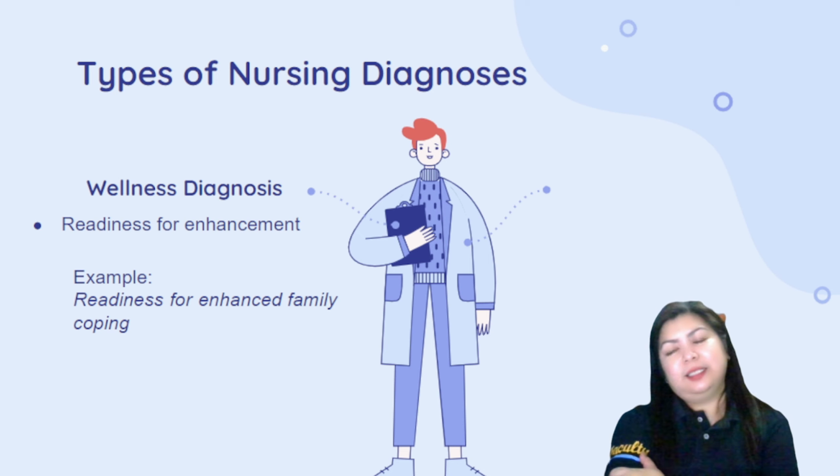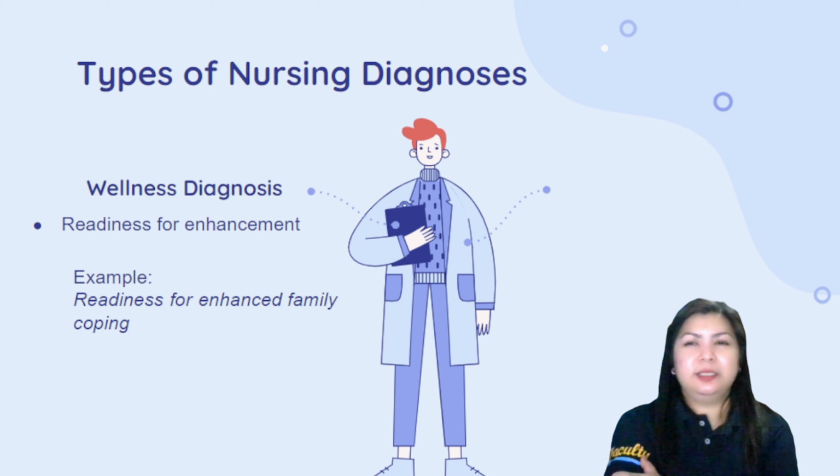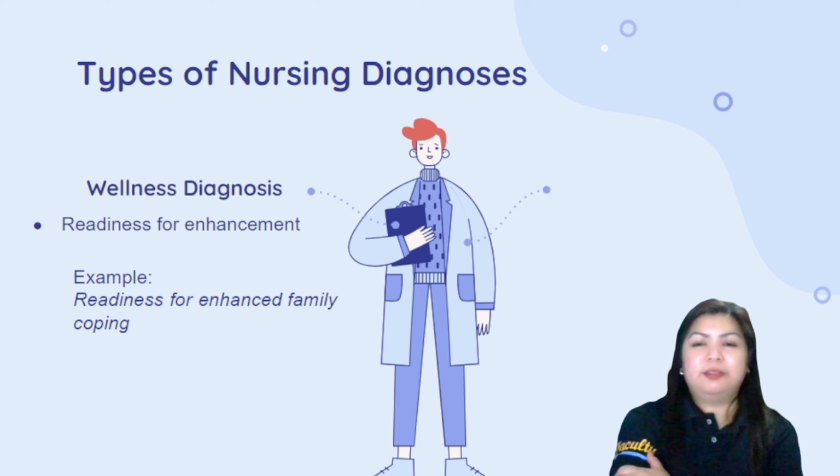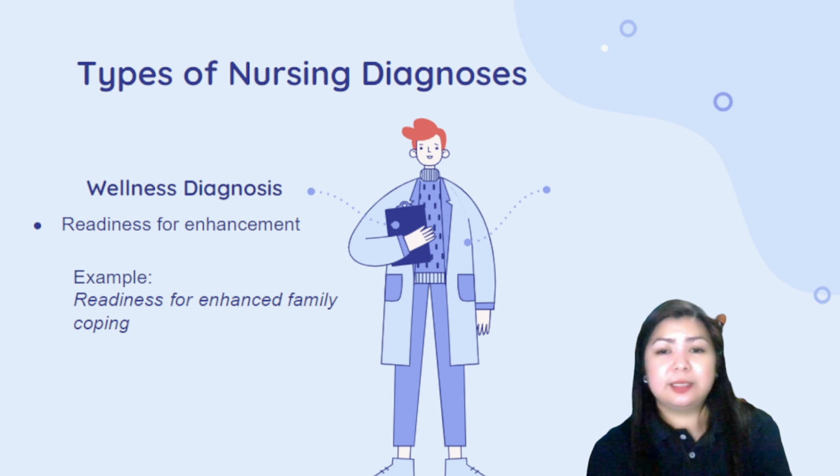Say, for example, these are usually your nursing diagnoses if a patient can now go home from confinement, or maybe has already overcome the grieving process. Like, for example, you have here readiness for enhanced family coping. So these are your wellness diagnoses.